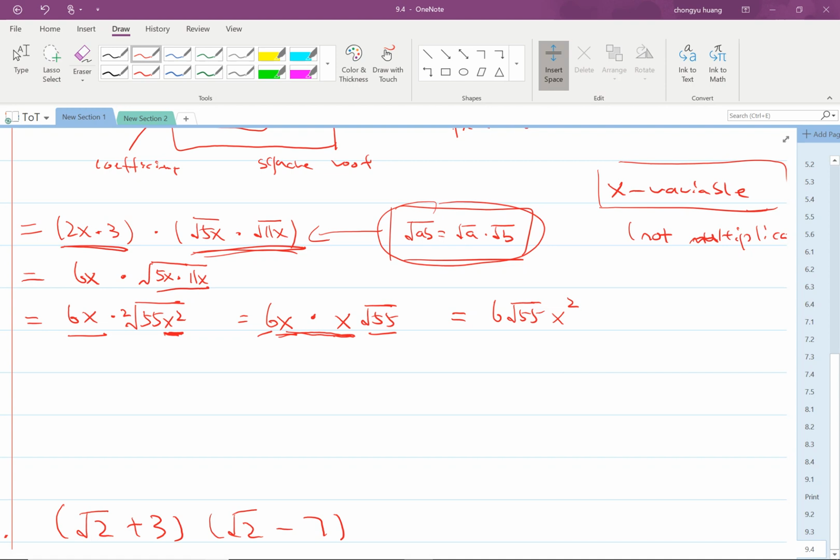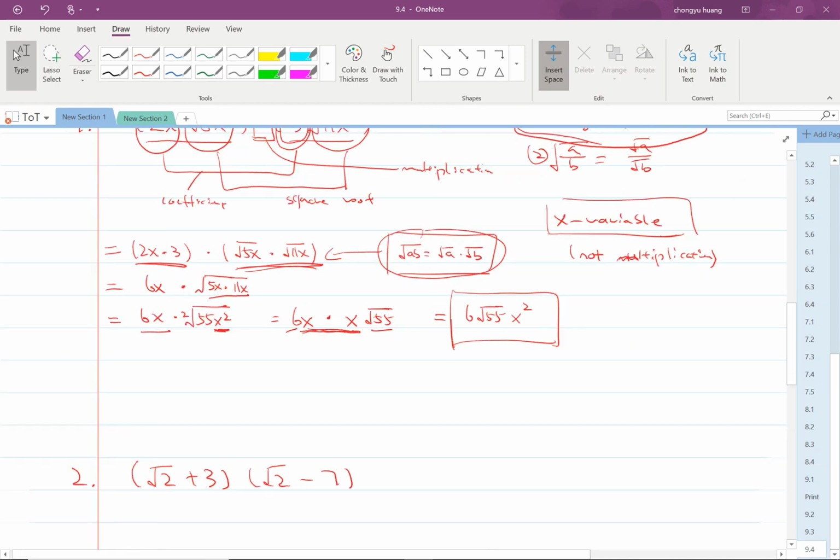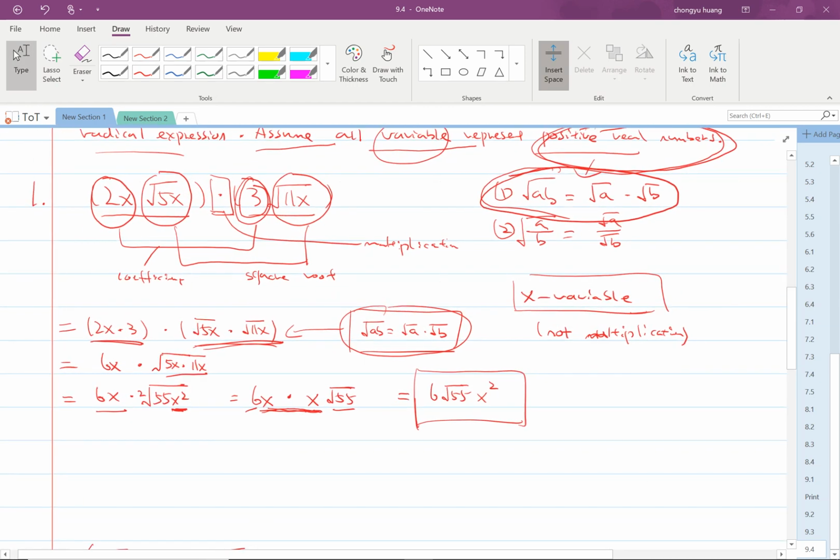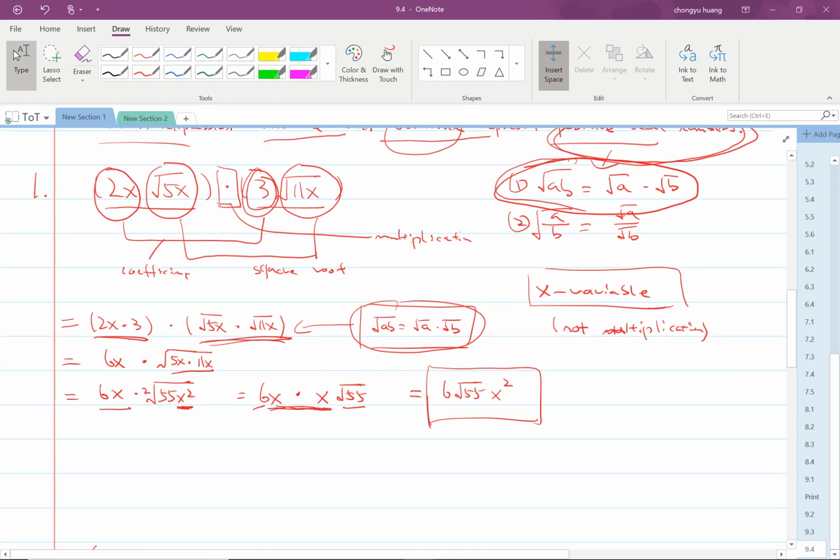All you have to do is multiply x by x, which is x squared. Our final solution for the first problem is 6 square root of 55 times x squared. Let me check again. Now you take a final check. It is in the simplest form.